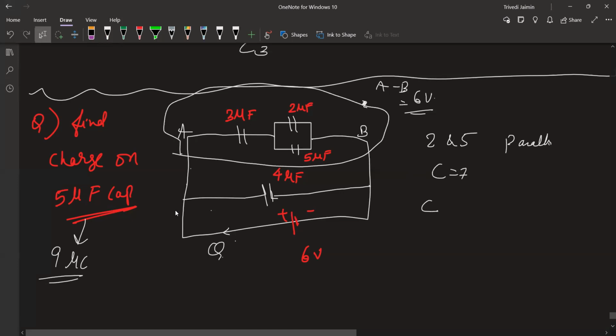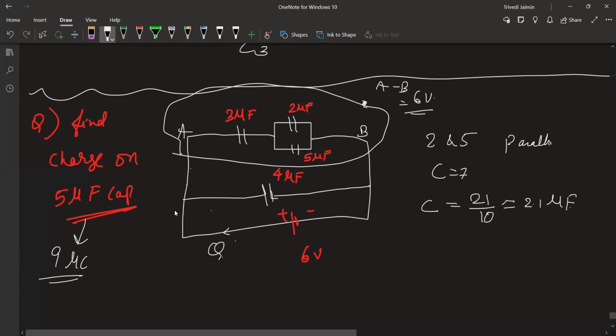See, I don't need this 4 microfarad. So I'll just solve for this. C will be 3 and 7. So 1 by 3 plus 1 by 7, sorry, 1 by C equals 1 by 3 plus 1 by 7, which is 7 plus 3 over 21, 10 over 21. Which means C equals 2.1 microfarad.